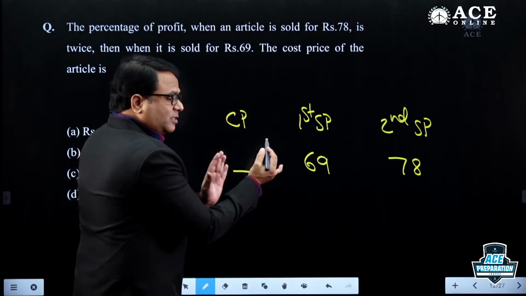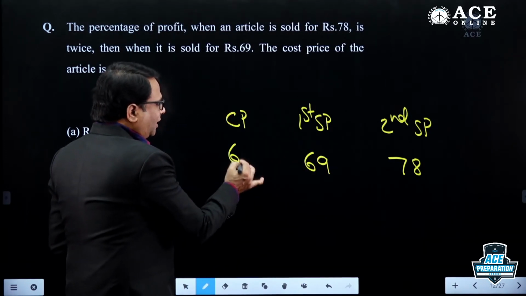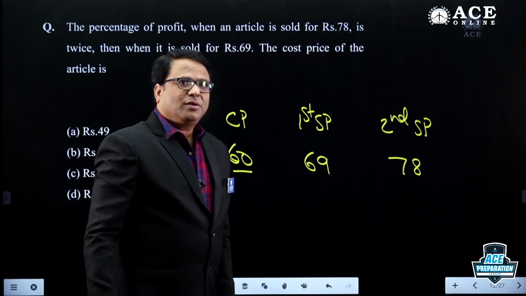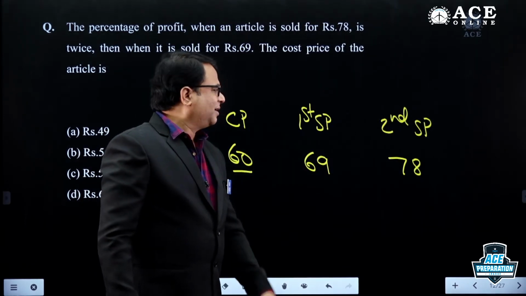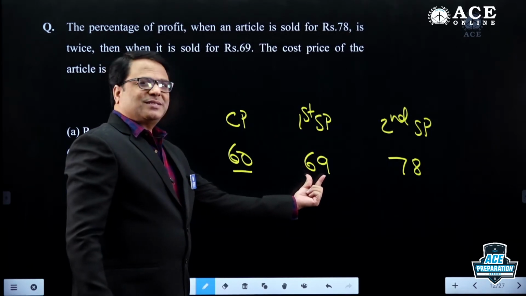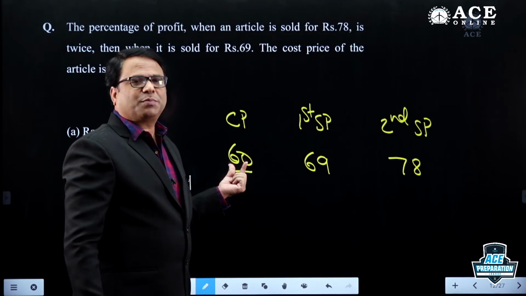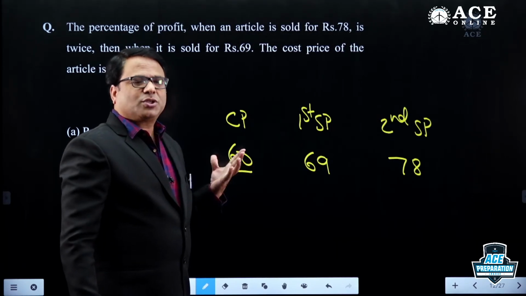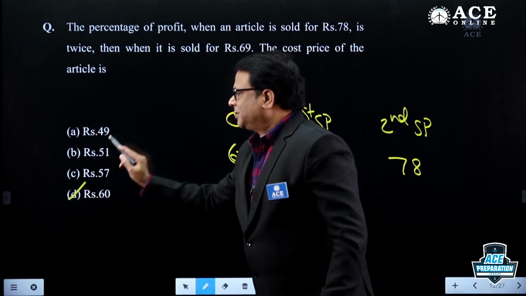So if the first selling price is 69, then the cost price of the article would be 60 rupees. Then we can take the answer as 60.